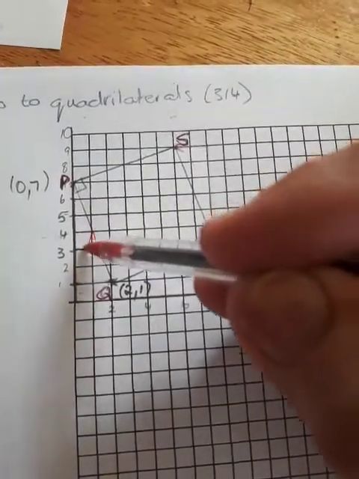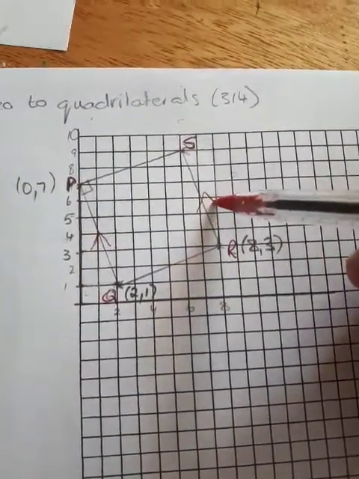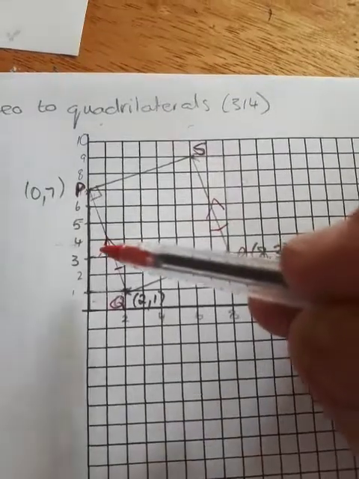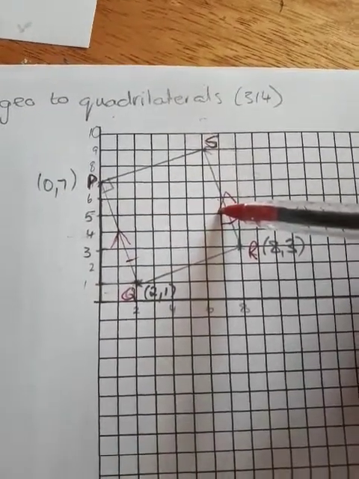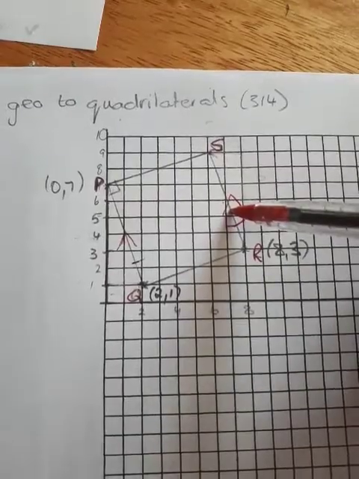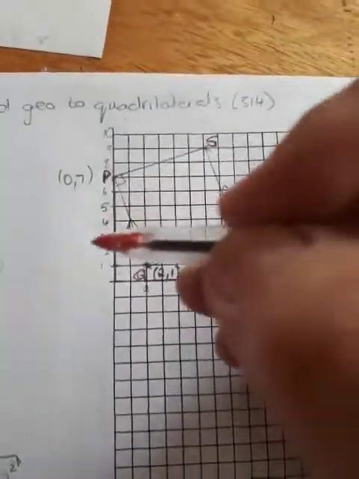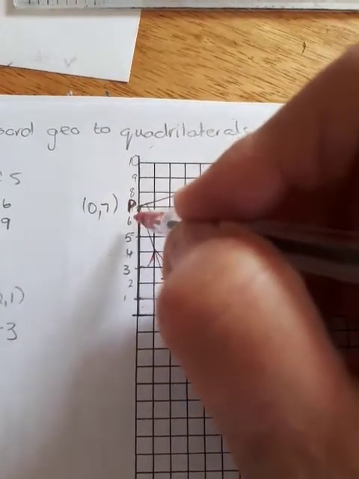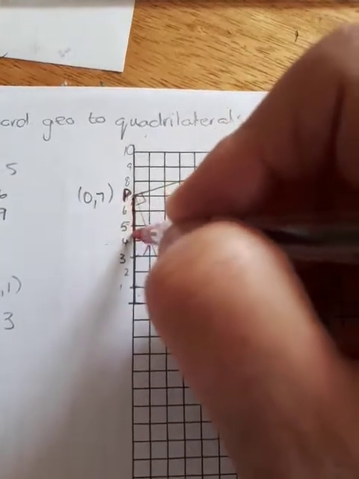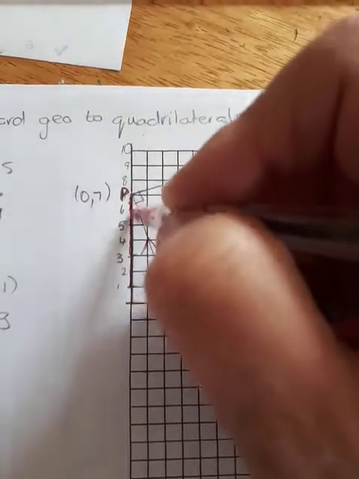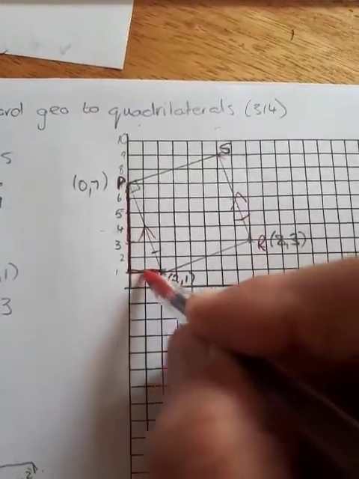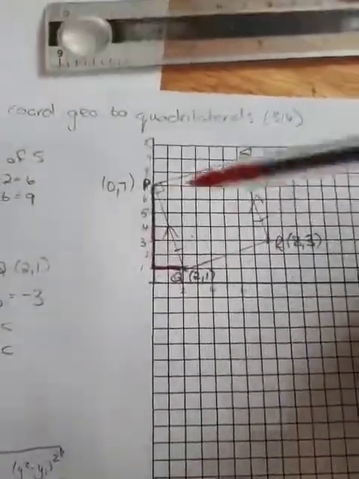All right, so look at P and Q and look at R and S. We know that these two are parallel as well as of equal length. Because they are parallel, people, they will have the same gradient. So we will work with the gradient. I think that is the easiest way to explain. The gradient is the y change over the x change, so we can basically count the change itself.